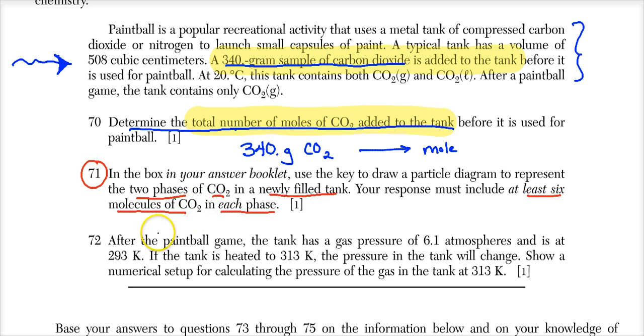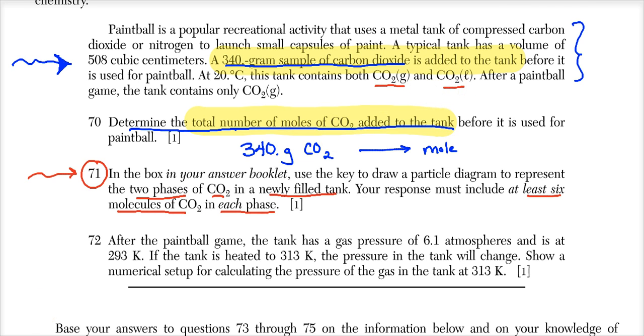Okay, so you may not know what's going on here, so let's go back into the reading. It says at 20 degrees Celsius, this tank contains both CO2 gas and CO2 liquid. Those are the 2 phases they want you to draw in this tank. So you have liquid and gas, and in the answer booklet you're going to show me with 6 molecules of each what this would look like.